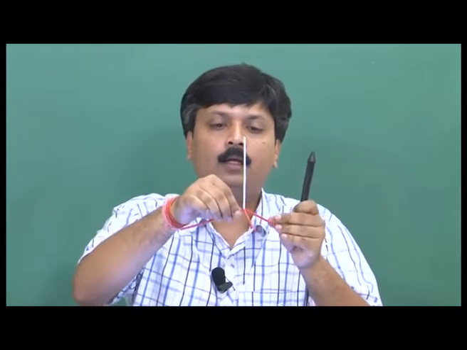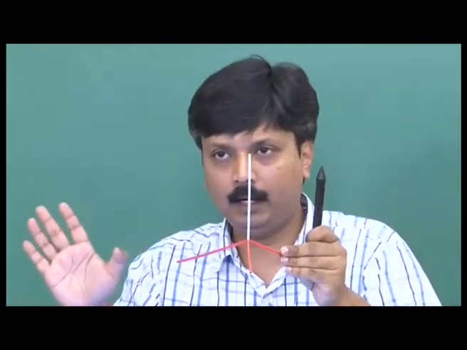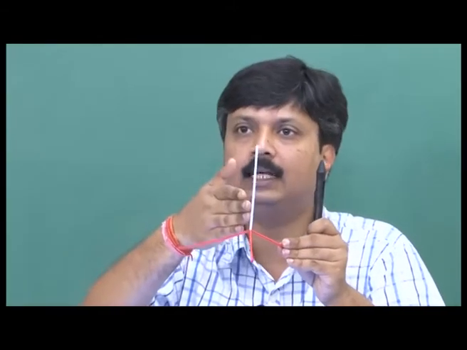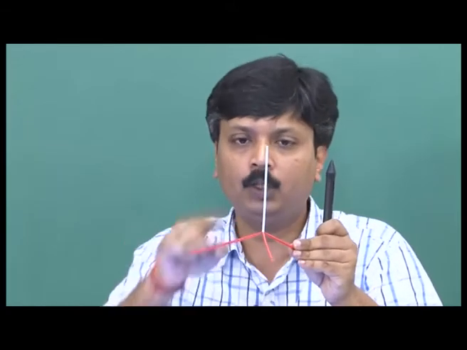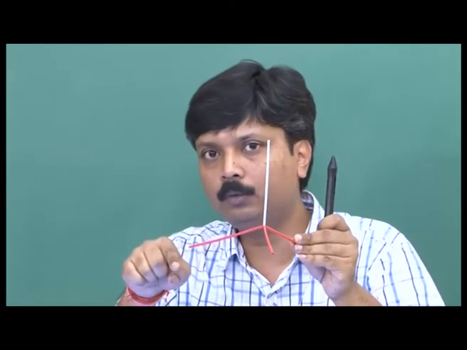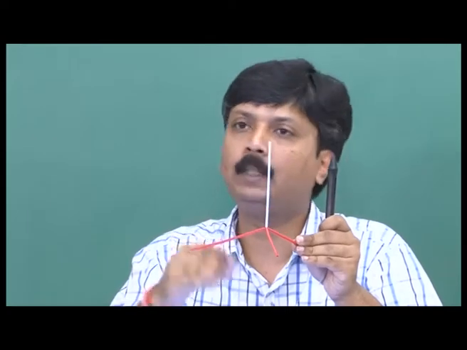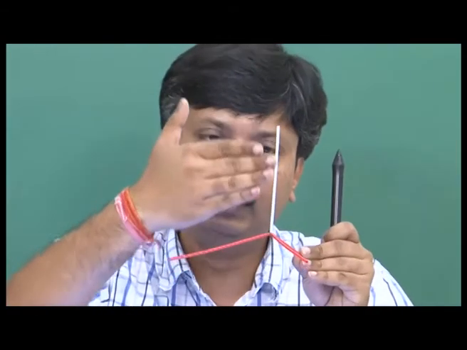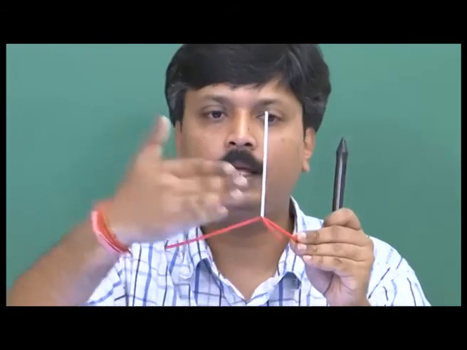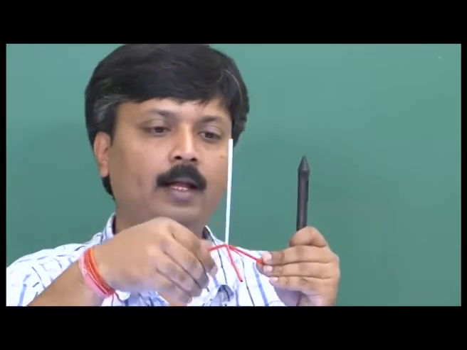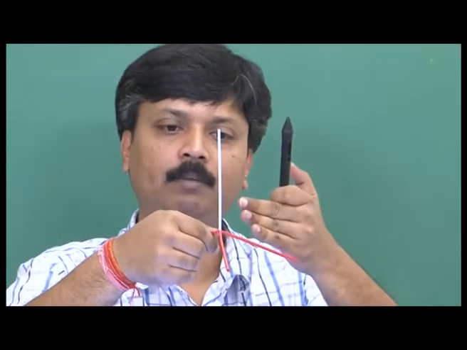So if there is any sigma plane containing this axis, I will call it a sigma V. All those planes that I showed you just a few minutes back are all sigma V's. So this plane is a sigma V plane, this plane is another sigma V plane, and this plane is also another sigma V plane.